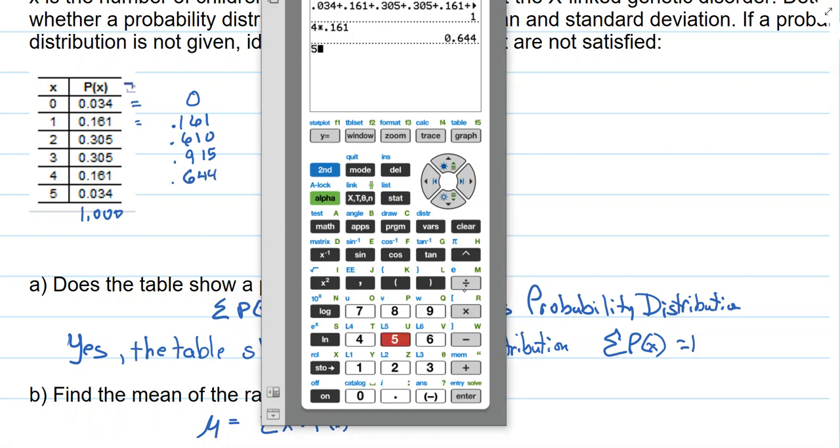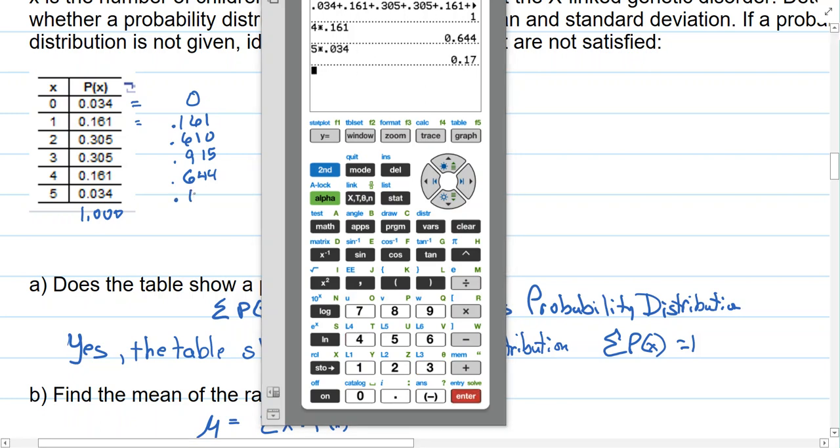And 5 times decimal 034 is decimal 170. All right, so we're going to add them.